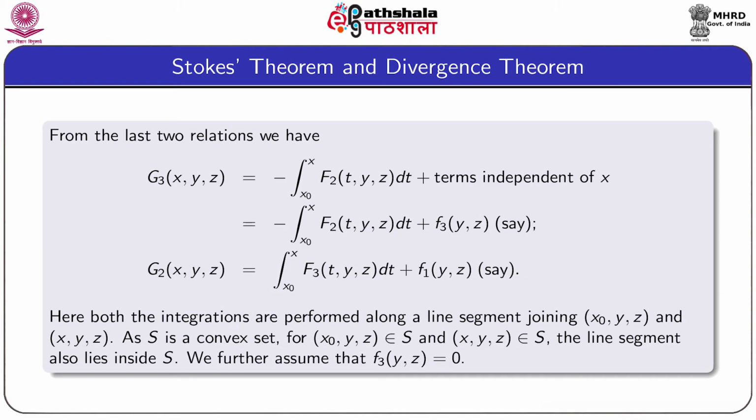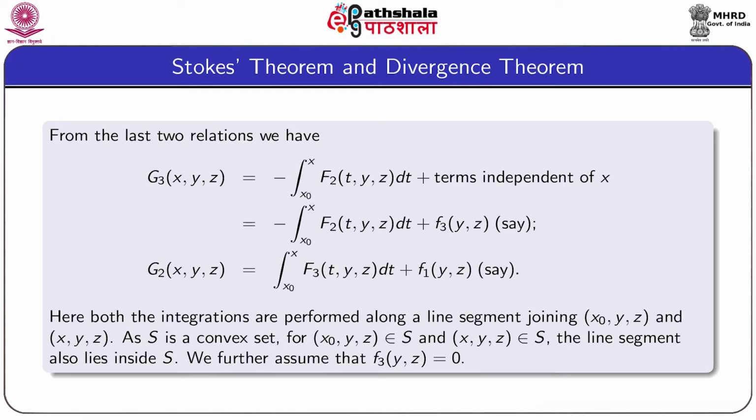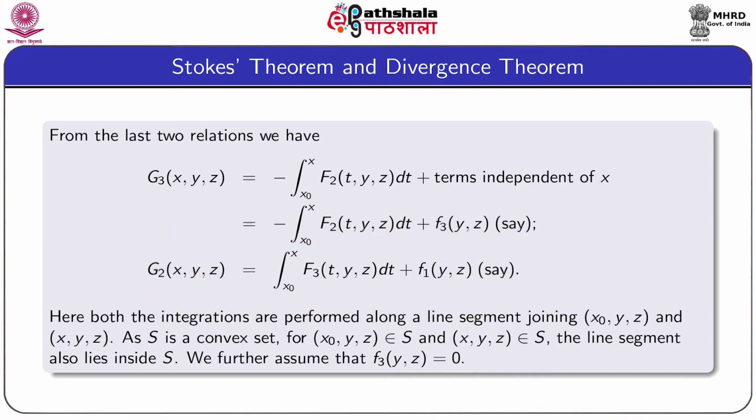From the last two relations, we have G3(x,y,z) = −∫ from x0 to x of F2(t,y,z) dt plus terms independent of x, let it be f3(y,z), and similarly G2(x,y,z) = ∫ from x0 to x of F3(t,y,z) dt plus f1(y,z).